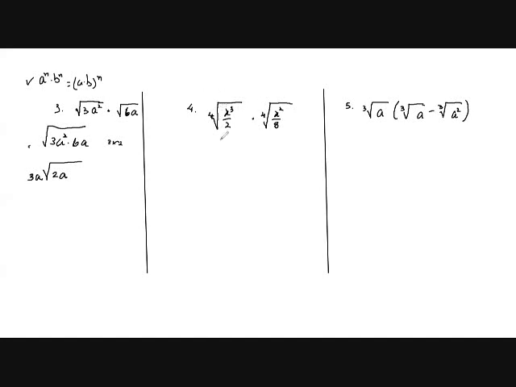Or you can say the whole thing power 1/4, and this one power 1/4. They have the same index. Same index, then you can combine this one the same way, right? You can combine it. So you write down first, fourth root: x power 3/2 times x squared over 8.